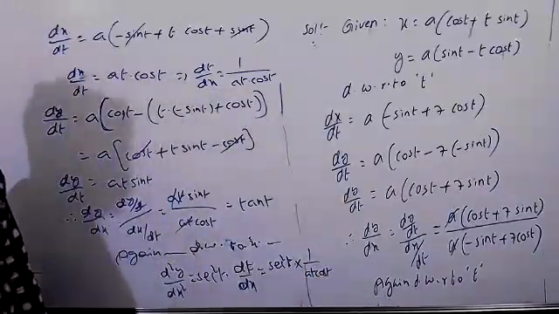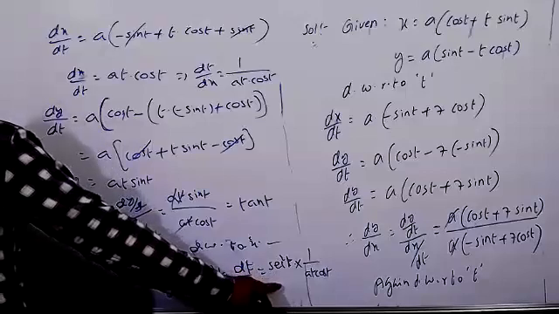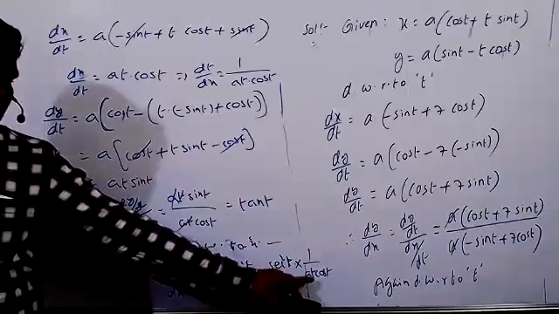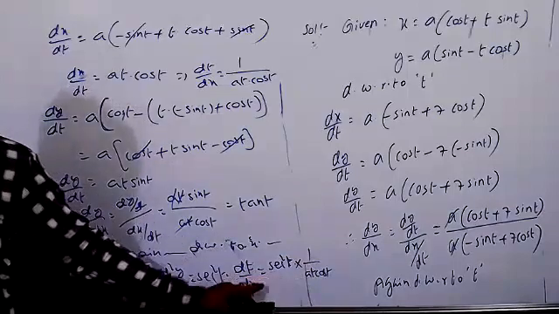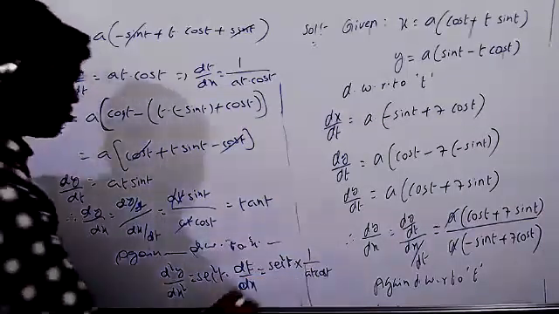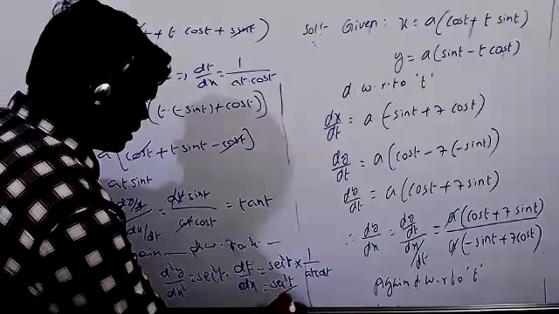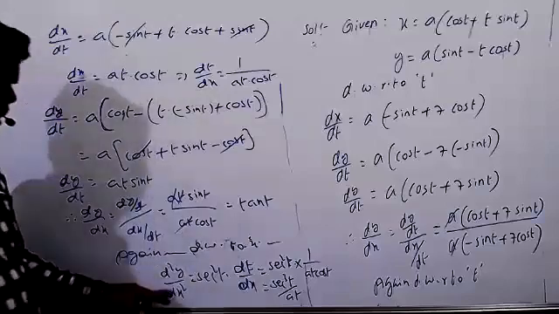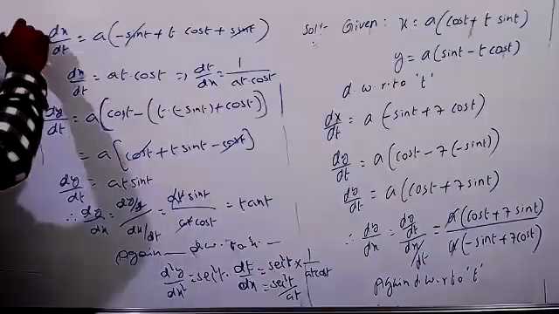Secant means reciprocal of cos. So secant into secant square equals secant cube t by at. So this is the value of d square y by dx square. Simply you can write this, it's enough.